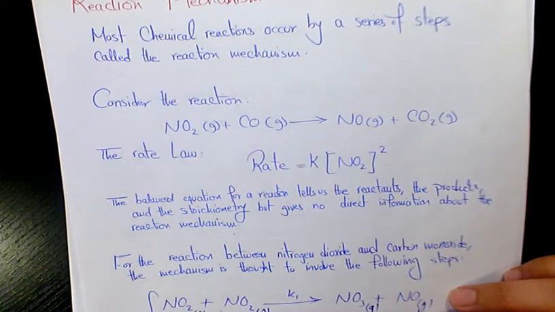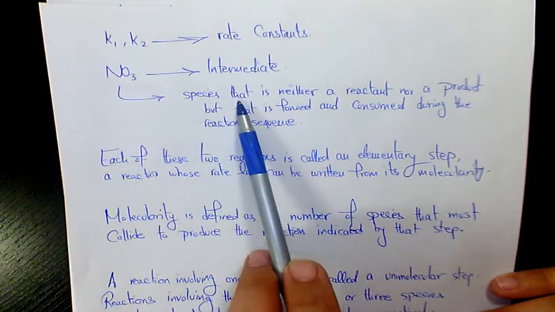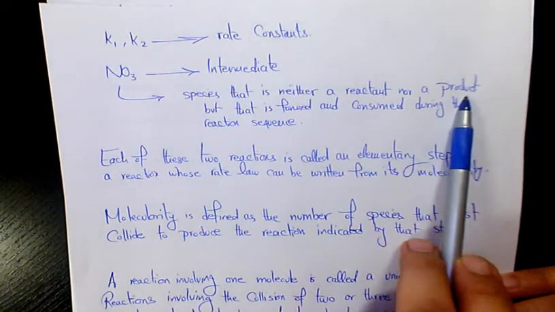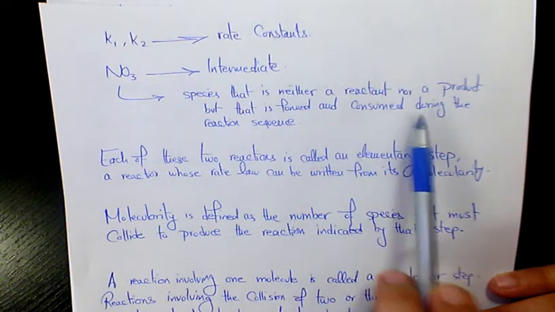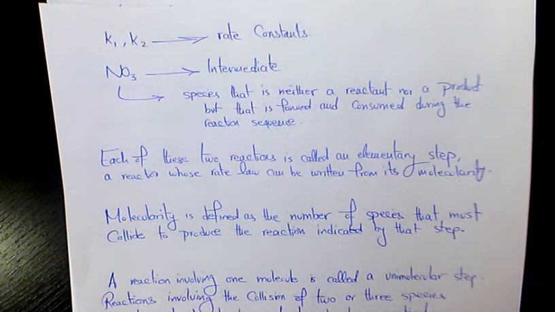So NO3 is called an intermediate, and intermediates are species that are neither a reactant nor a product, but are formed and consumed during the reaction sequence. Each of these two reactions is called an elementary step.